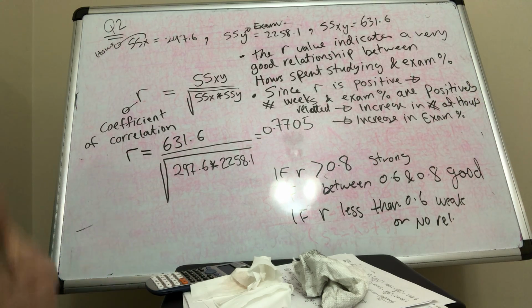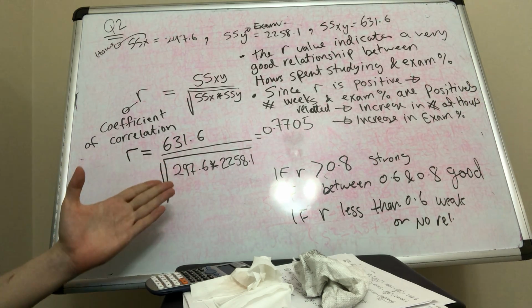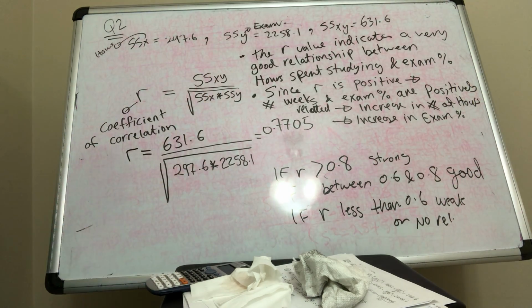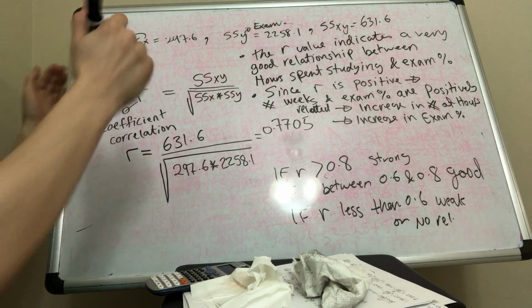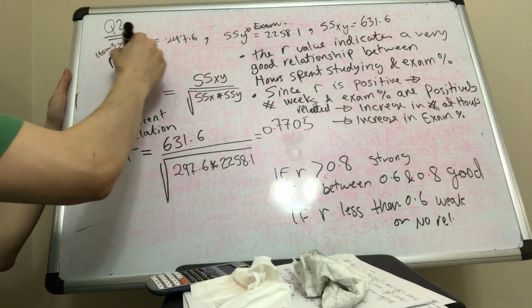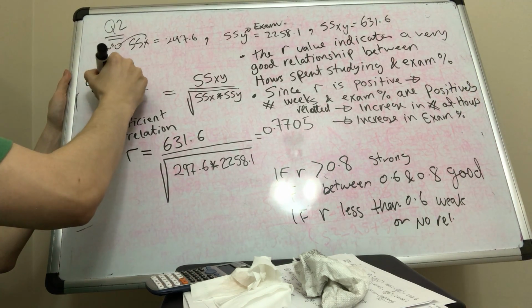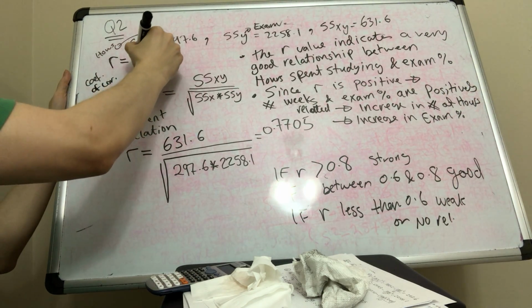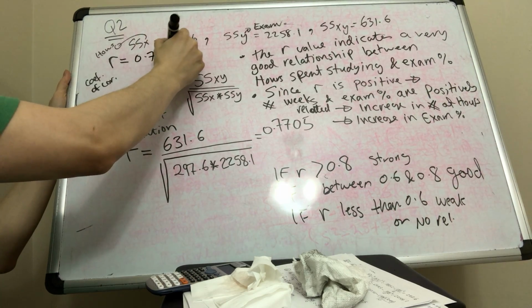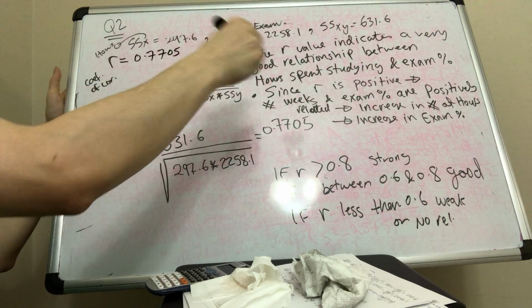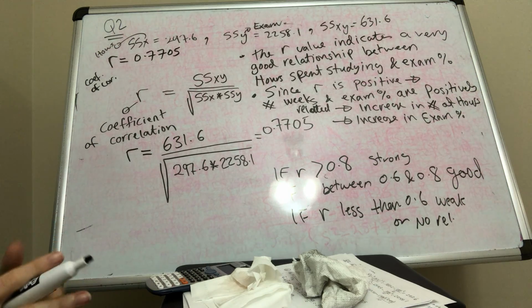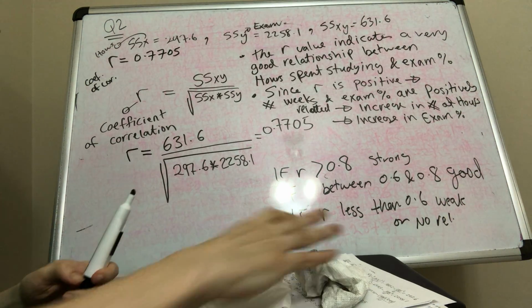And negative relationship means one increases, the other decreases. So I'm going to add the R value, which is the coefficient of correlation. So all we did so far was the answer for part A.